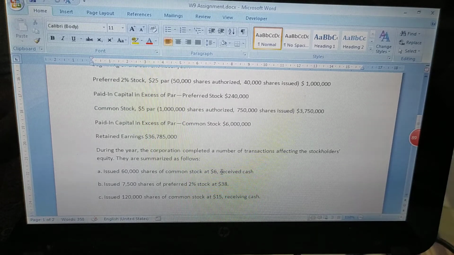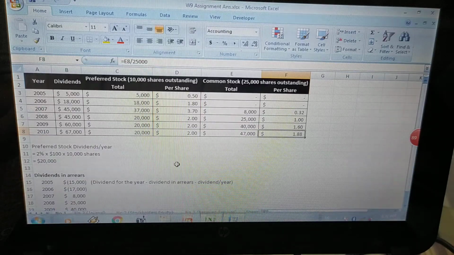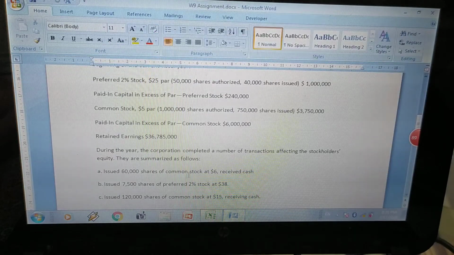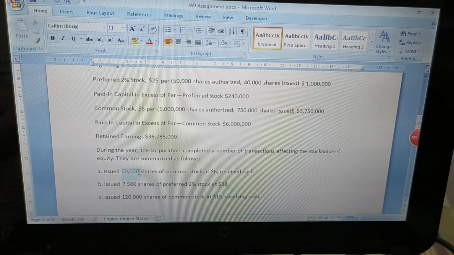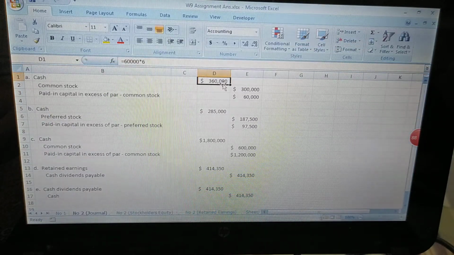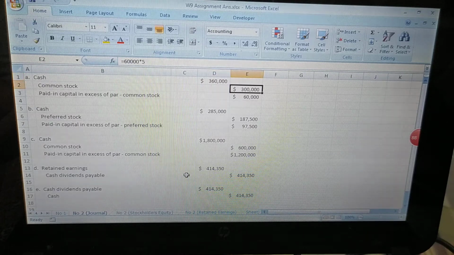If it is stated already that we received cash, we directly debit the cash. Remember, we always use the number of shares times the market value. So 60,000 times $6, we get $360,000. And then we credit common stock.